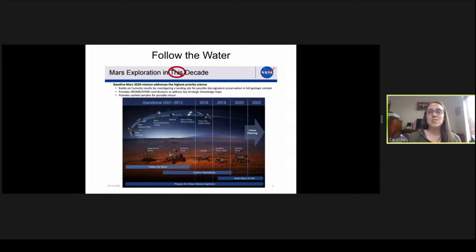So this mantra of follow the water pretty much drove decades of Martian exploration, from orbiters to landers to rovers. And you can see, as I said, this is a slightly outdated slide, but a lot of this should look very familiar, right? We've had the Mars Reconnaissance Orbiter.